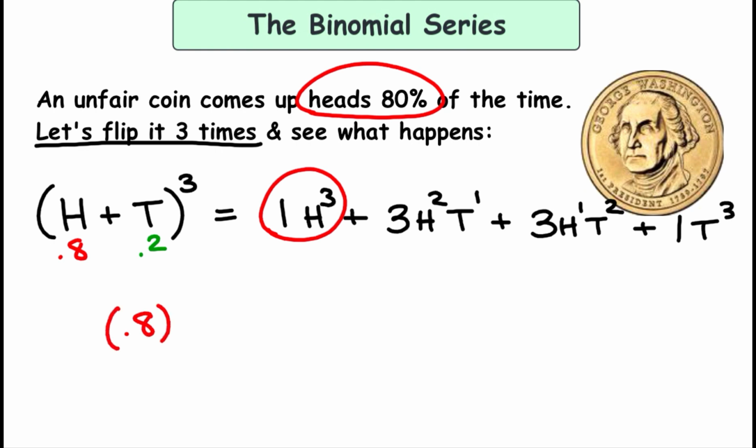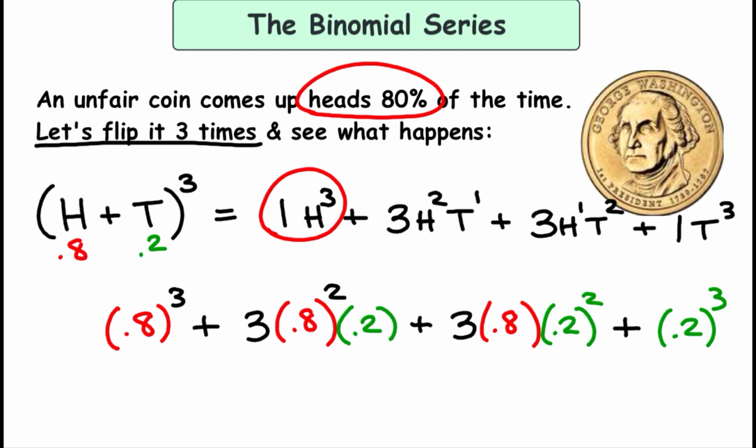So this is going to be 0.8 to the 3rd power. Plus 3. And again, we're going to have 0.8 for heads. That'll be squared. And then we have the tails this time, and the tails is 0.2. And I just went ahead and finished out the distribution.